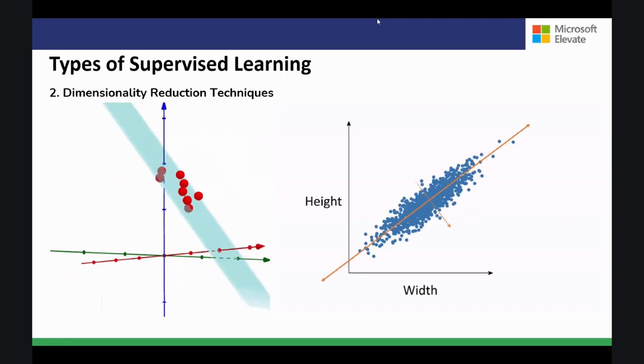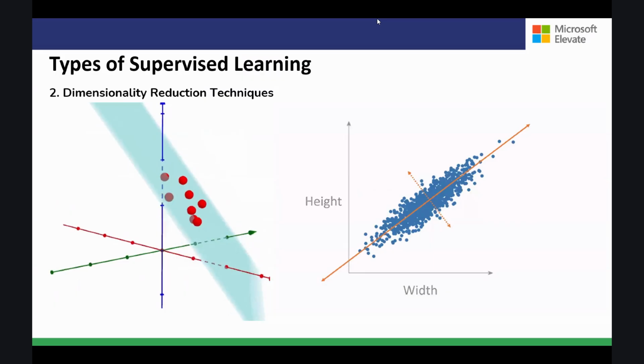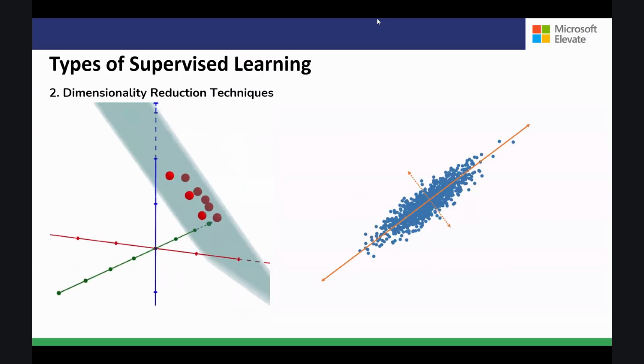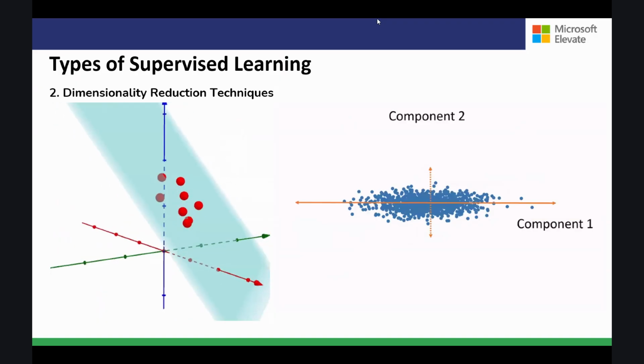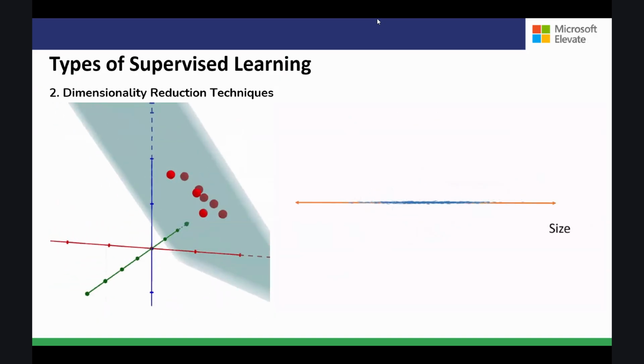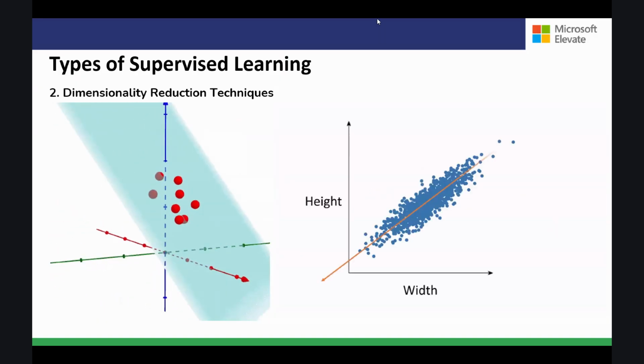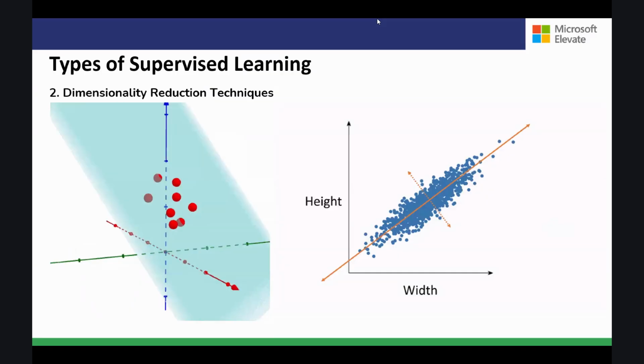See, the simple issue is, if I'm getting 90% accuracy with 50 features, guys, understand the question.